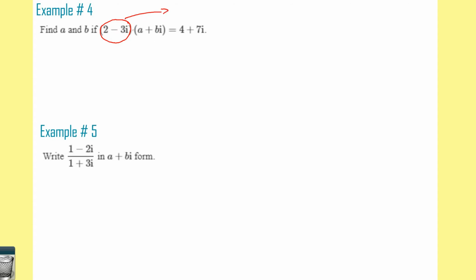Well, since it's multiplying, we need to divide. Okay, so now we have 4 plus 7i over 2 minus 3i. Okay, so I'll write that out. So a plus bi equals 4 plus 7i over 2 minus 3i.